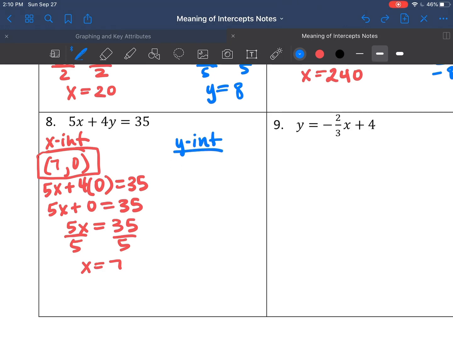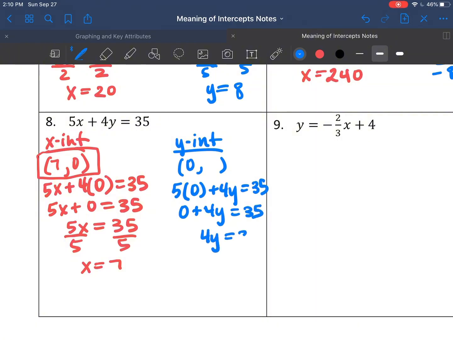For the y-intercept, plug in 0 for x and solve for the y. Five times 0 is 0. So we have 4y equals 35.